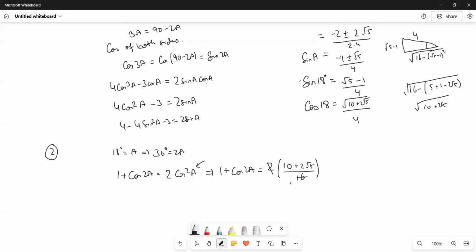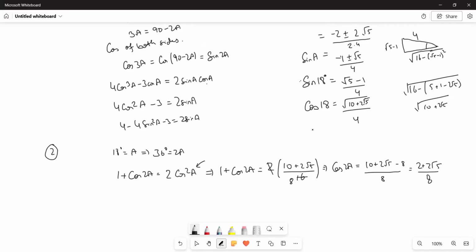And this cancels and becomes 8. And then this one moves over. So cos 2A is 10 plus 2 root 5 minus 8 by 8, which is 2 plus 2 root 5 by 8.